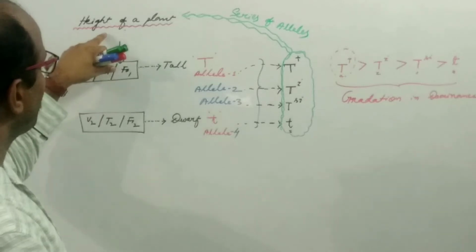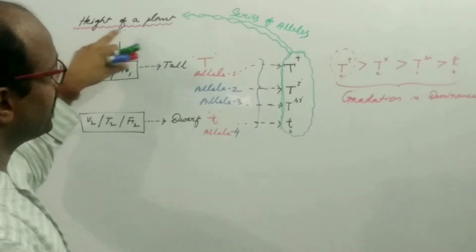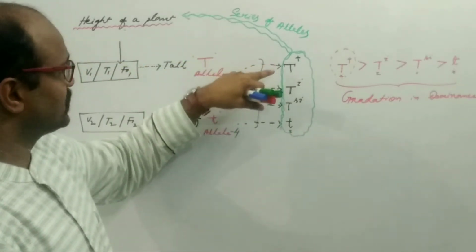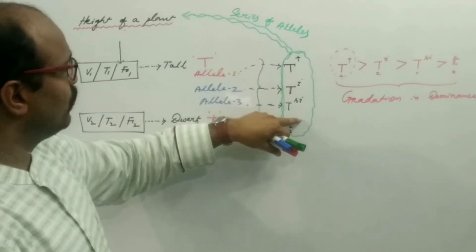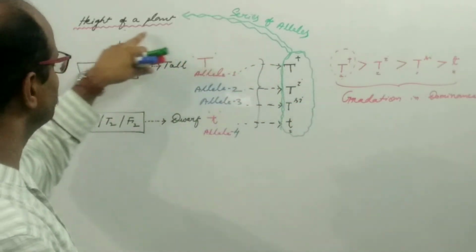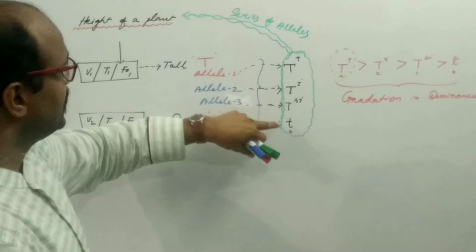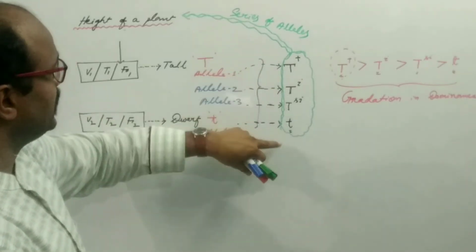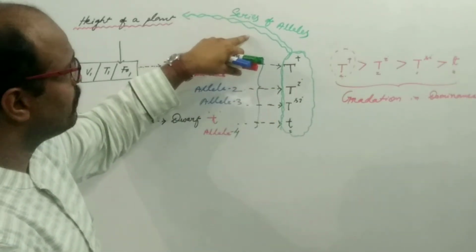This is the height of a plant. This is the gene and it has 4 alleles. 4 alleles means 4 forms of the gene. The same gene is present here, and these 4 forms of alleles are known as the series of alleles.